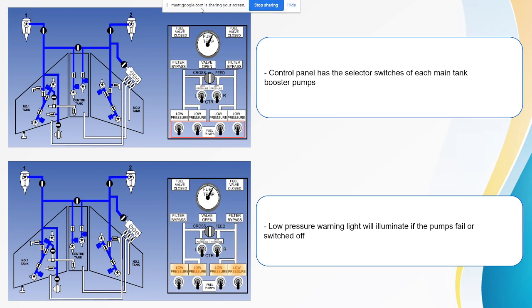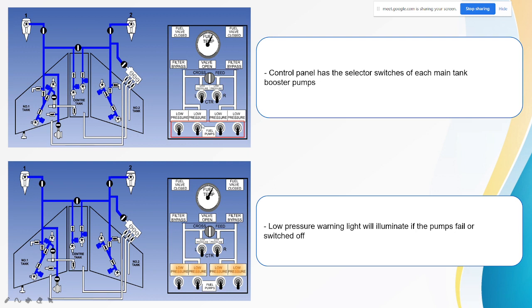At the control panel, it has the selector switch of each main tank booster pumps. If you notice, the control panel is designed according to the configuration of the fuel system.